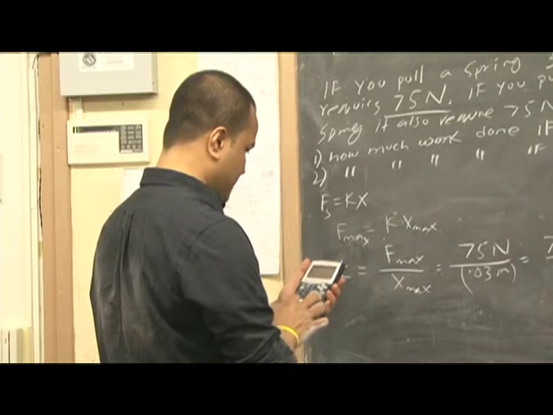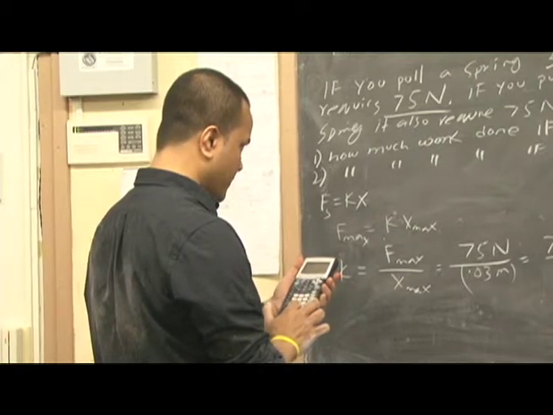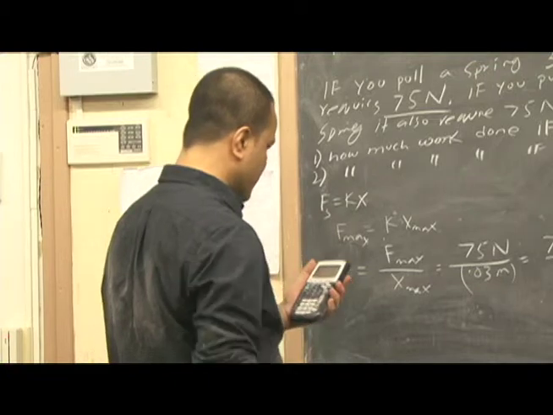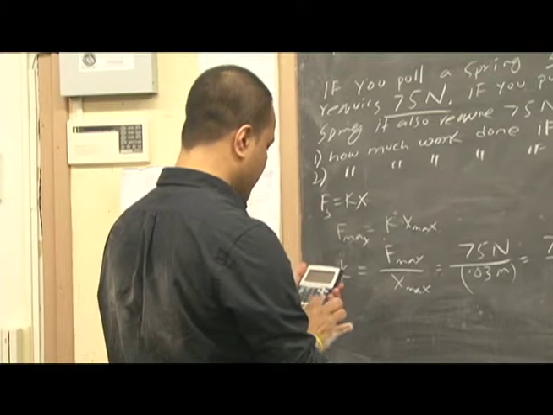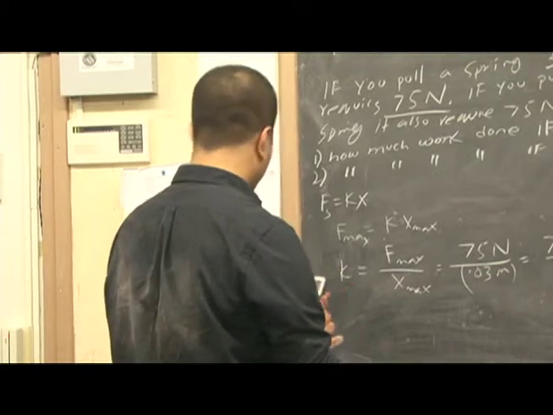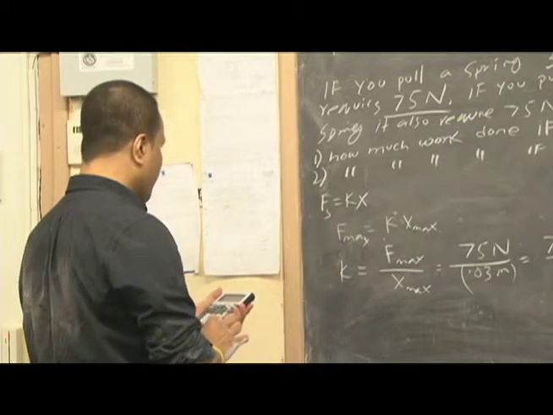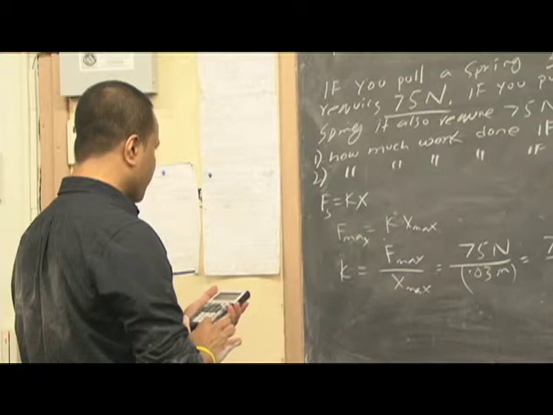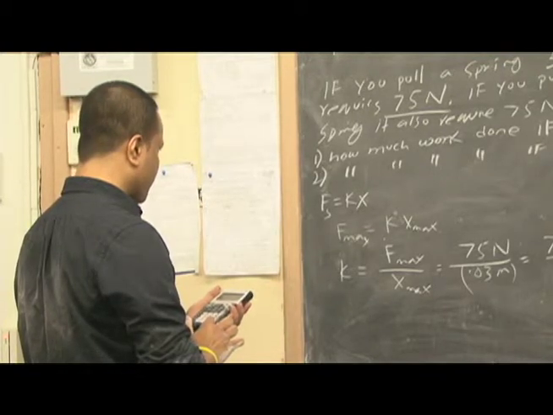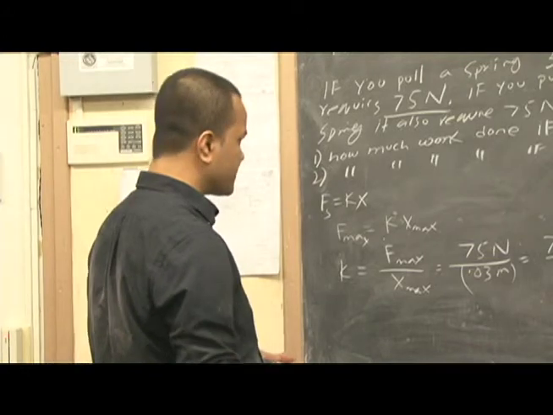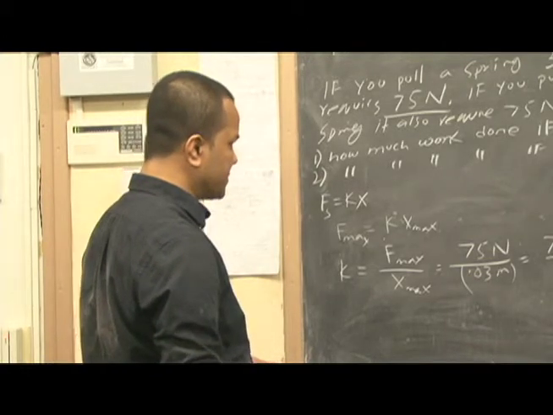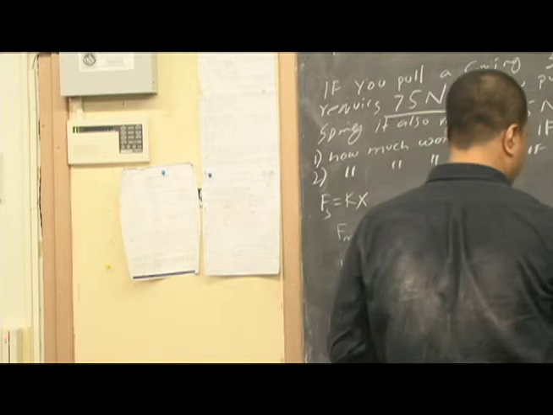So 75 divided by 0.03, which is, wow, 2500 Newton per meter, right?